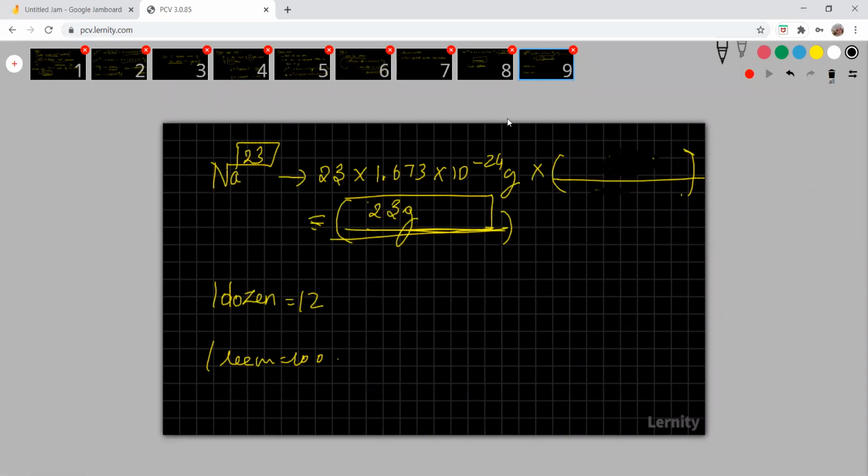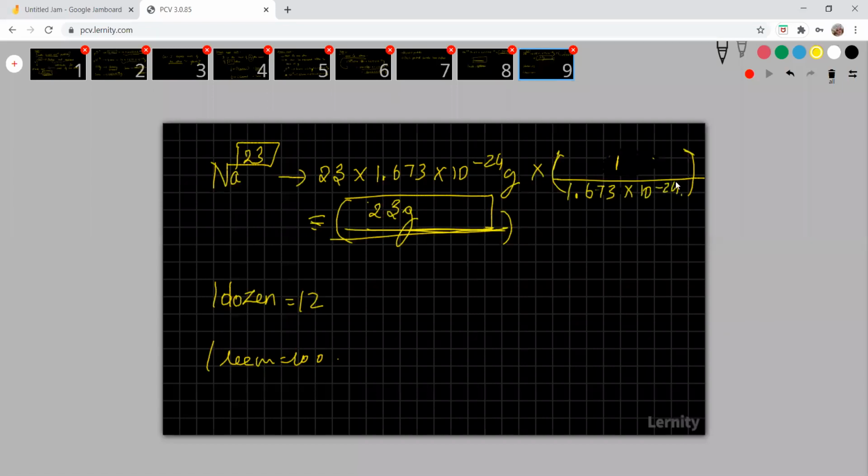Very good, Mohana. Very good. That is what is called the mole number. So what I'm going to do is multiply it with the reciprocal, 1 by 1.673 into 10 power minus 24.